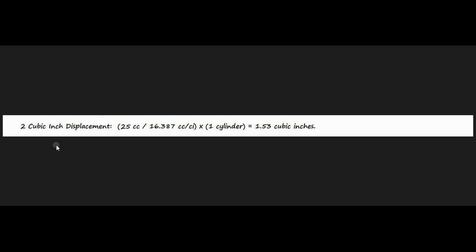So we compute 1.53 cubic inches displacement. And of course, the number of power strokes per minute in a two-stroke piston engine is equal to the RPM. So that means we're having 113.33 power strokes per second at 6,800 RPM in this two-stroke single-cylinder piston engine.